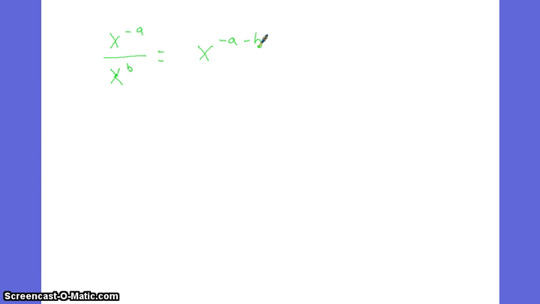Now if I want to write it with the exponent in the denominator, then it's going to be x, and I'm going to bring my a down, so it's going to be positive a plus b or b plus a. These are equivalent expressions, which means they have the same value no matter which non-zero real number is used as a replacement for x. These are pretty much the same thing, they're just written different ways.